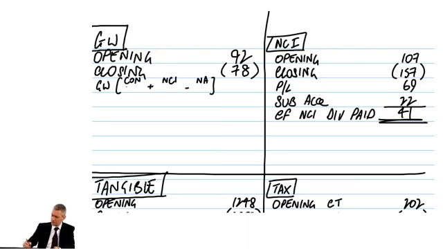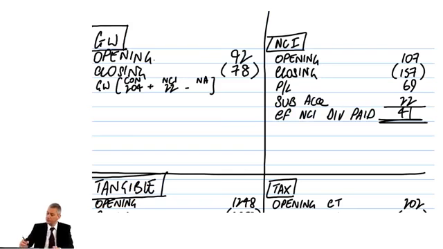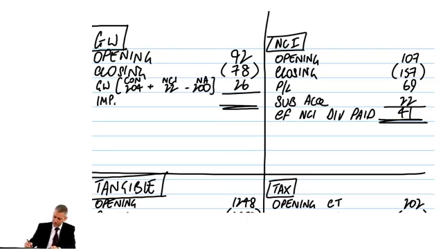So the consideration was 204, the NCI was 22, and the net assets, I don't think I've pointed that figure out to you yet. The net assets is given in the question and is this figure of 200 there. Okay. So 200. 200 gives me 26. When a sub walks in with goodwill, goodwill walks in. Now that is the impairment in goodwill.